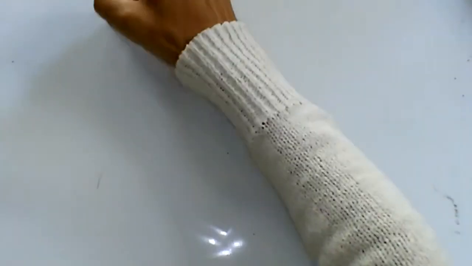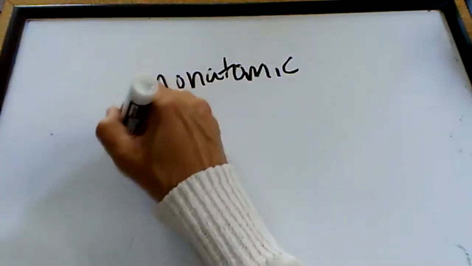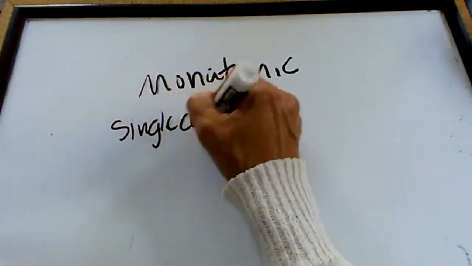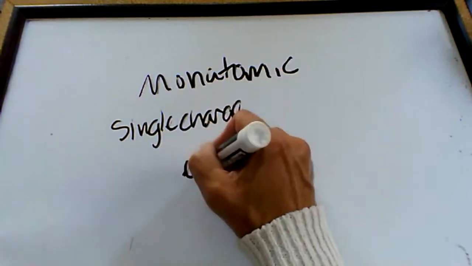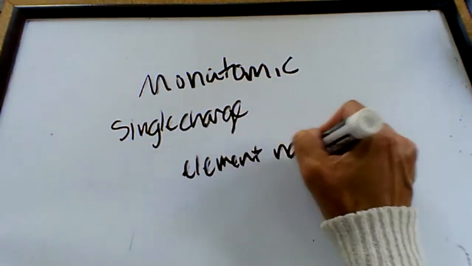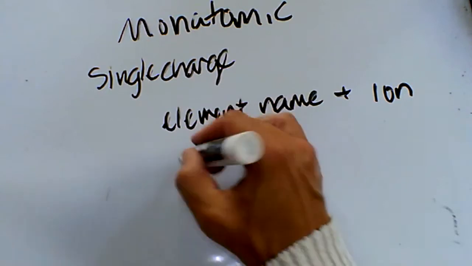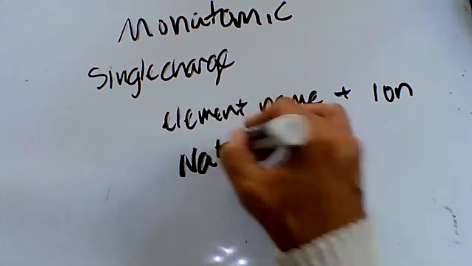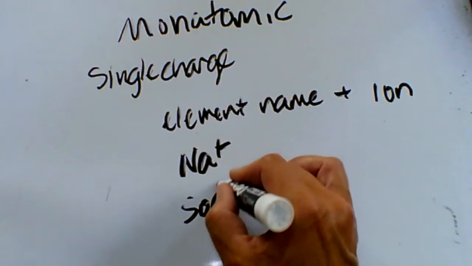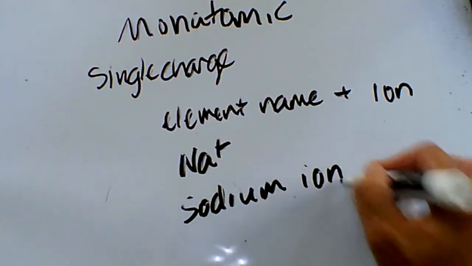Okay, so we're just looking at naming ions. Keep it simple. Naming monatomic ions with a single charge: the element name plus the word ion. If I want to name this, it is the sodium ion.